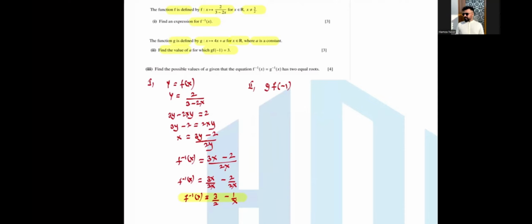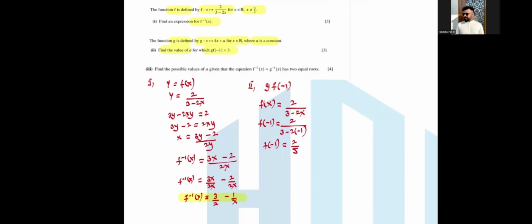So first of all, we should find f(-1), and for that purpose we have the f(x) function, which is 2 divided by (3 minus 2x). So the input of the f(x) function is minus 1, so the output is 2 divided by (3 minus 2 times minus 1). So 2 divided by 3 plus 2, meaning 2 over 5. The value of f(-1) is 2 over 5.